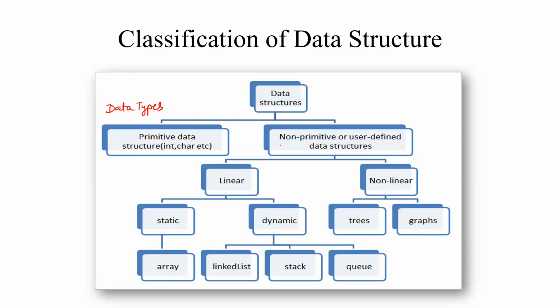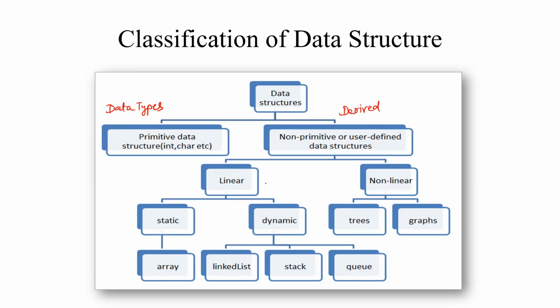The second is non-primitive or user-defined data structures. These data structures are derived from primitive data structures, that's why they are also called derived data structures. Or they are defined by the user itself, that's why they are called user-defined data structures.